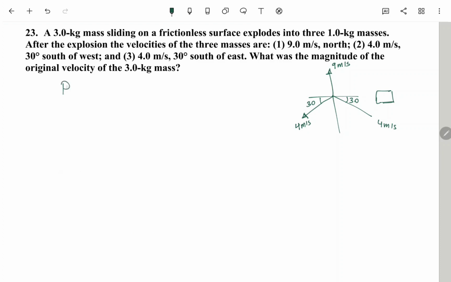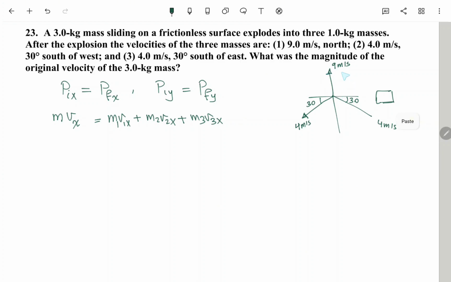Now, P initial x equals P final x. And in this case, P initial y equals P final y. So, M Vx equals M1 V1x plus M2 V2x plus M3 V3x. Now, if we look at this one here, M1 has no x component, so this one will be 0.